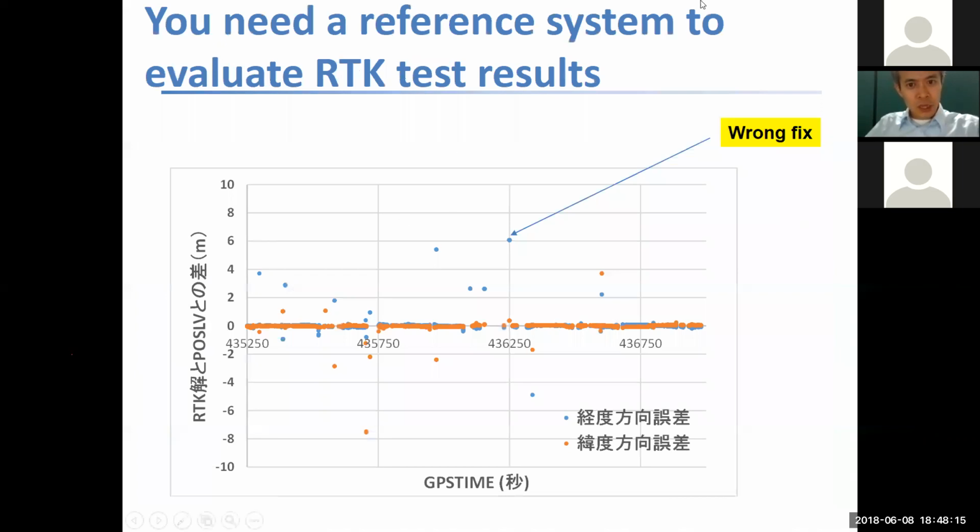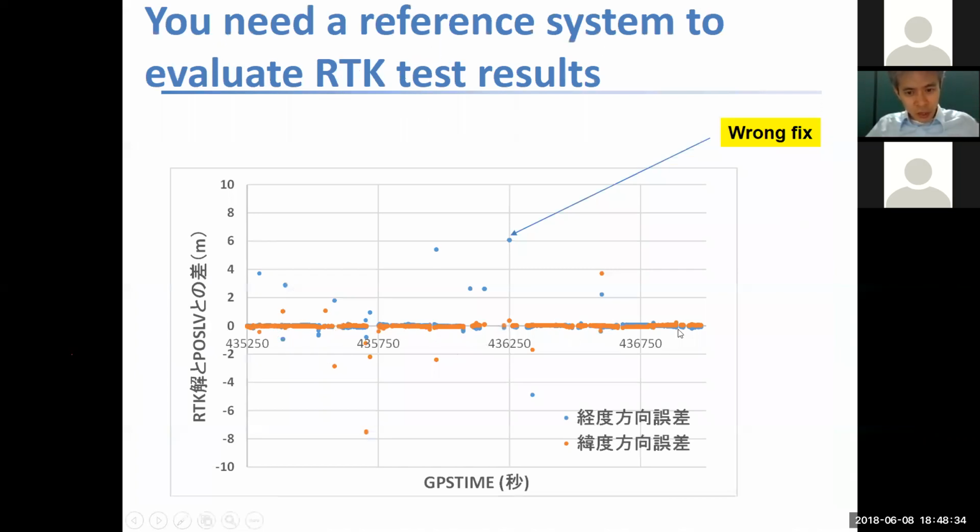Okay, so you need a reference system to evaluate your own RTK test results. Here is the zero baseline. These are horizontal errors, sorry, this is Japanese longitude and latitude. The zero line is produced by the reference system.